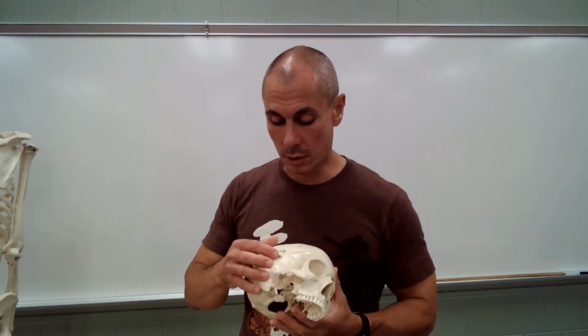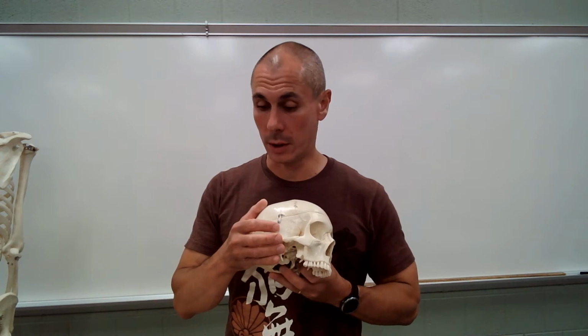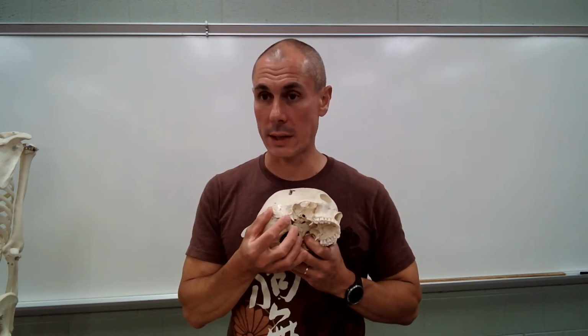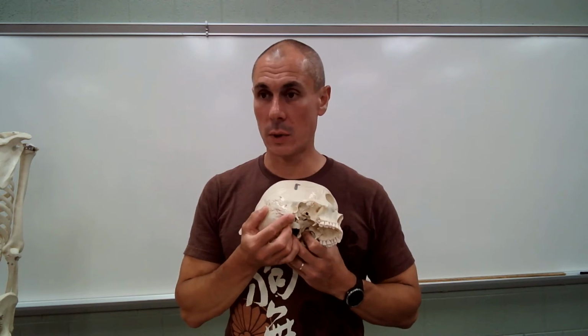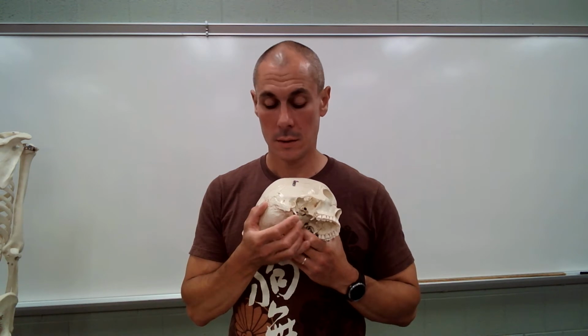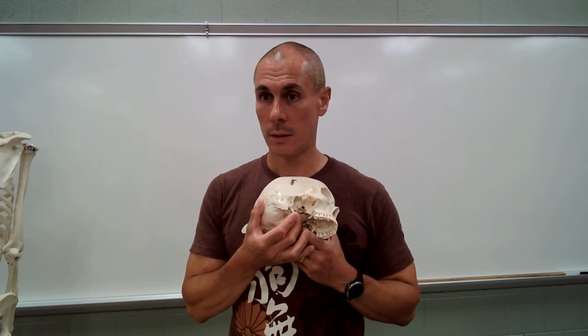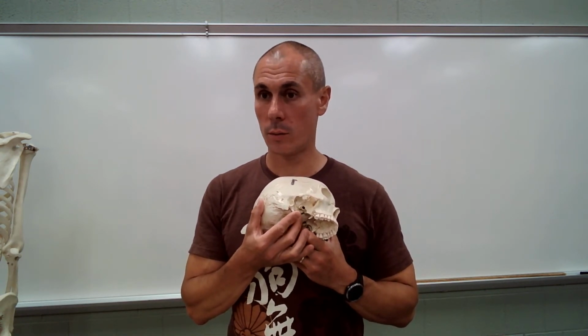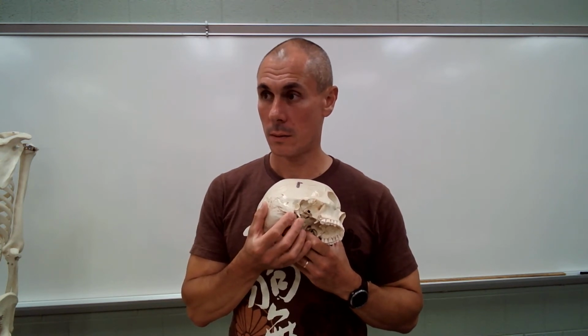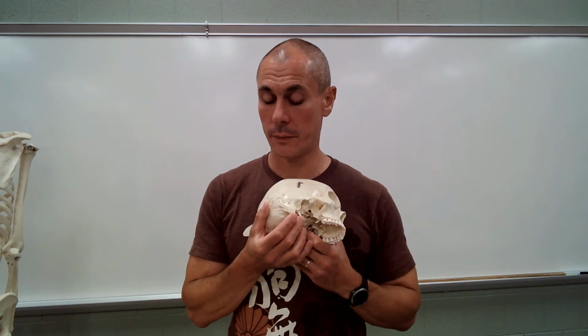Few more features on the temporal bone. These two projections, these two processes, the blunt one is called a mastoid process, and the sharp one is called a styloid process. Can you see this too? Mastoid and styloid.